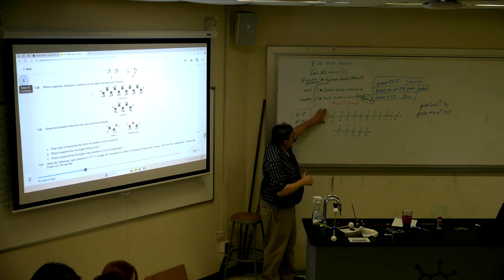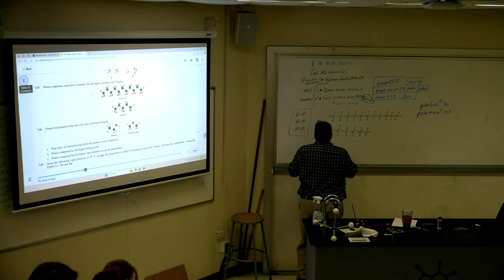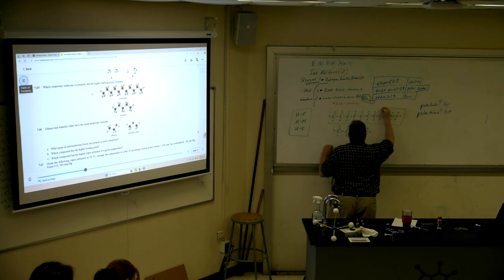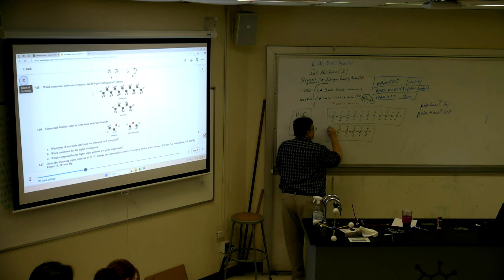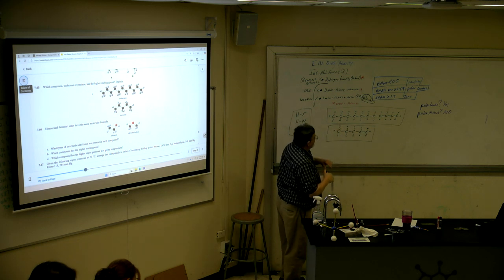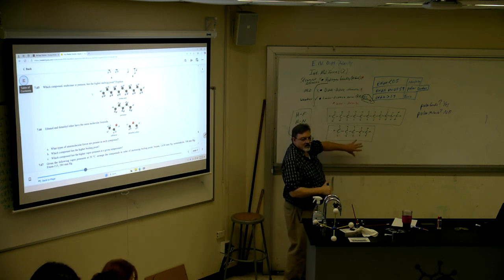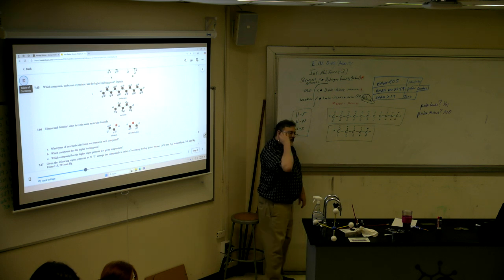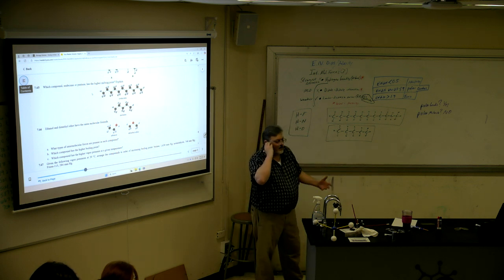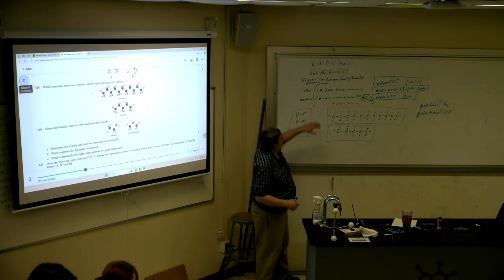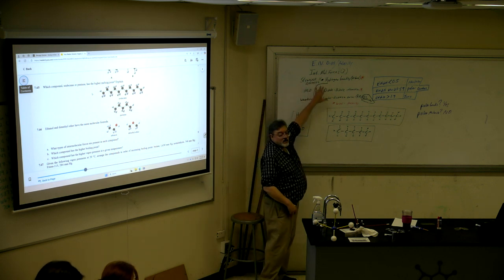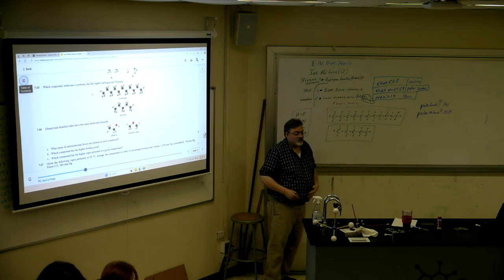So picture a big sample of this in its own beaker by itself. This would be a liquid. I'm pretty sure that's a liquid too at room temperature. So I have beaker A of this and beaker B of this, and now I'm comparing their boiling points. These won't have the same boiling point. They will have a very low boiling point because they don't have these strong attractions going on, so they won't be much more than room temperature.